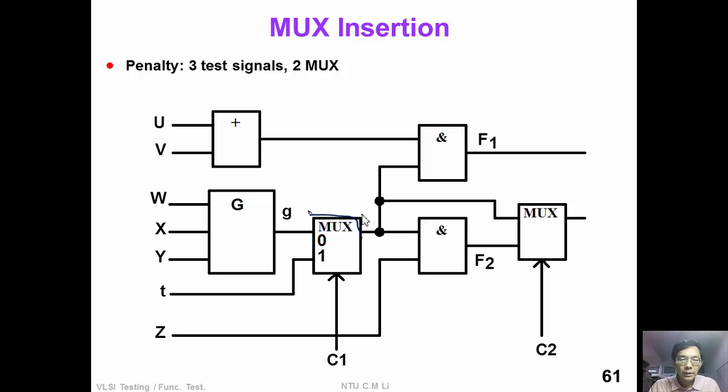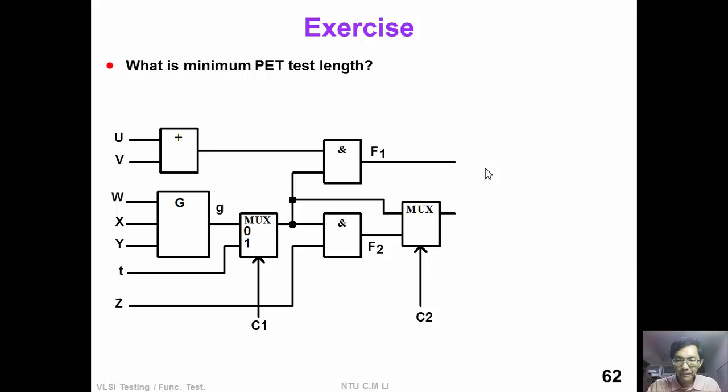Given the same circuit, now we insert 2 mux into this circuit so that we can control and observe this G. The penalty is that we need to insert 3 test signals, which are C1, C2, and T. And we need to insert 2 mux into the circuit. Your exercise is that please find out the minimum PET test length with these 2 mux inserted to the circuit.